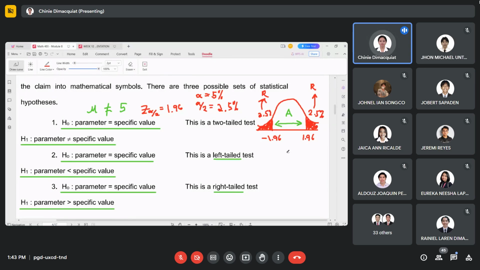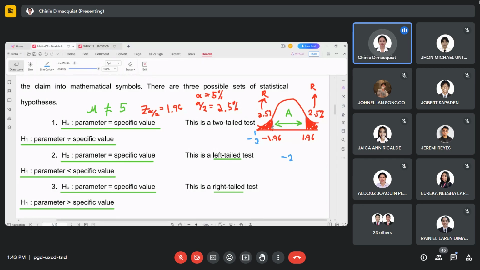Let's say upon computing, we got a Z value of, let's say, negative 2. So negative 2 is our Z. We compare it here. Where can we find it? In this part. Since our value is under this shaded region, or under the rejection region, we need to reject our null hypothesis.